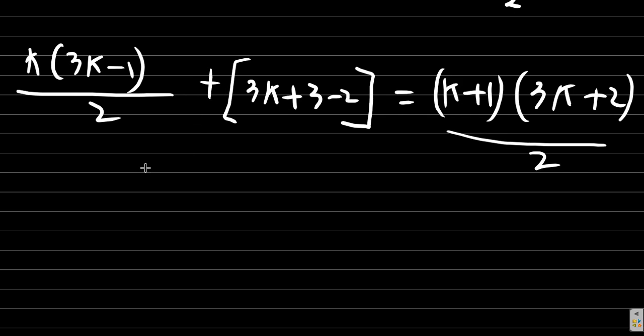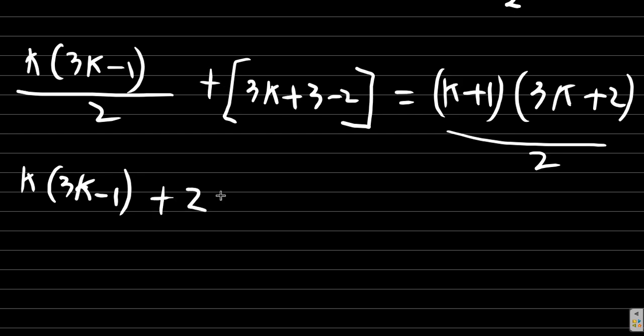Suppose you multiply both sides by 2 to get rid of the fraction. This 2 will cancel itself, so you'd have k, 3k minus 1 equals, 2 would multiply this, so it's 2. Oh my, why am I writing equal? It's plus.